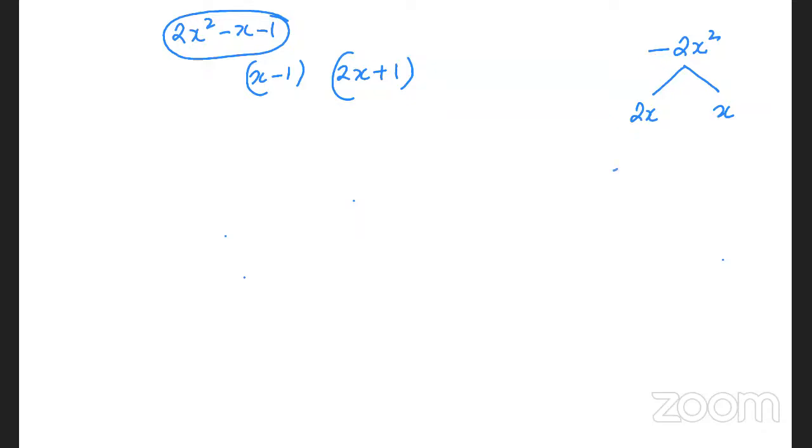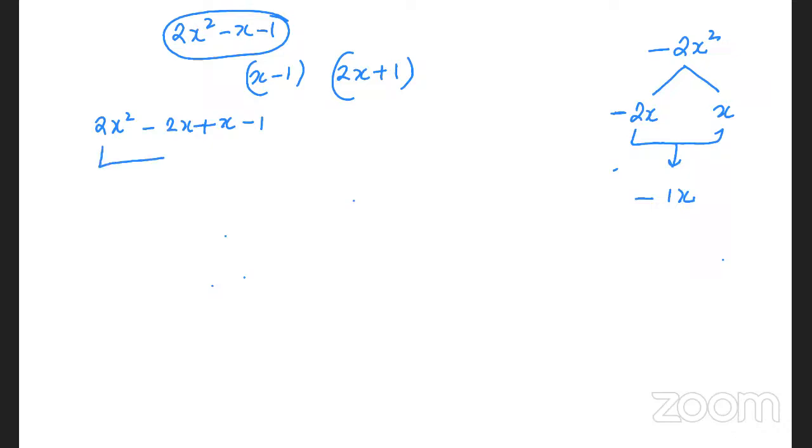So I will write a minus sign here so that when I multiply, I get minus 2x square. And when you add, different signs are there, so you subtract. 2 minus 1 is 1x, and because 2 is greater, I'll write minus 1x. So it will become 2x square minus 2x plus x minus 1 equals 0.